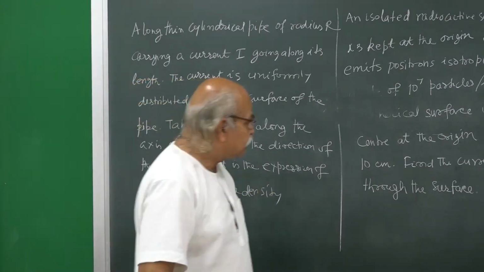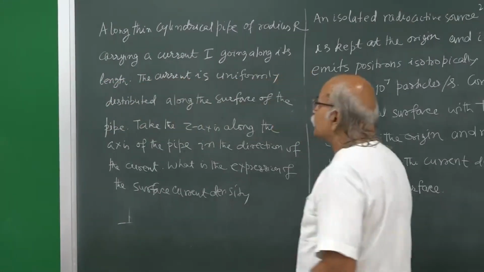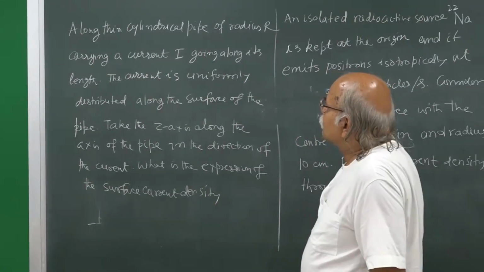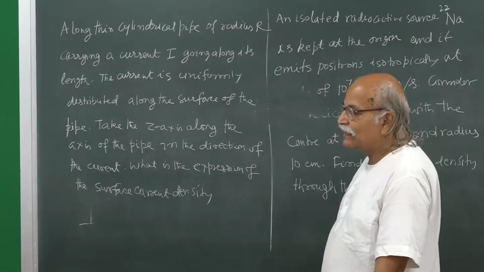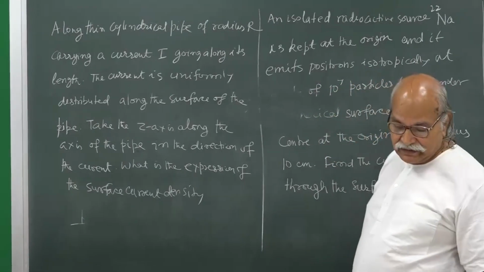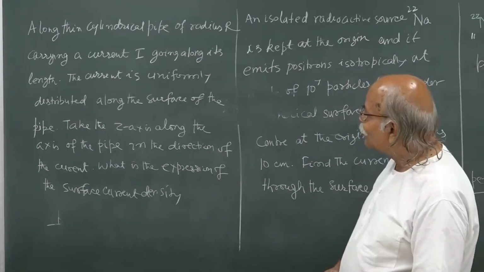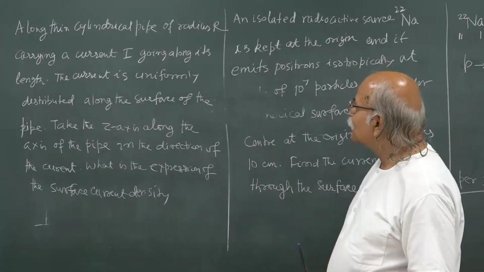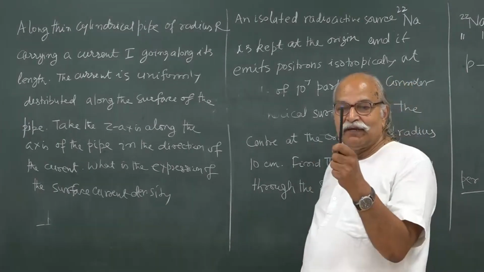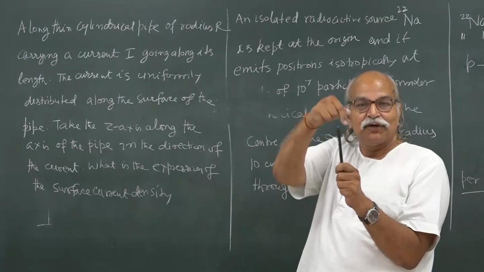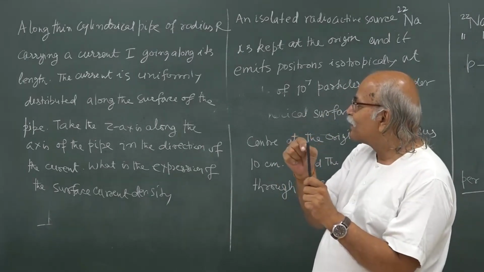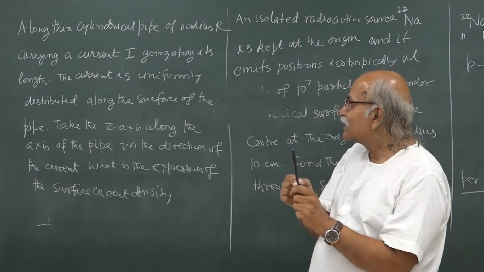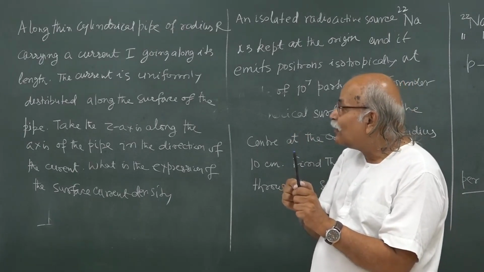Okay, so what is the question? It says a long thin cylindrical pipe of radius capital R. So, you have a thin long cylindrical pipe of radius R. You can take this as a pipe, hollow inside, and then radius is capital R, and it carries a current capital I going along its length.